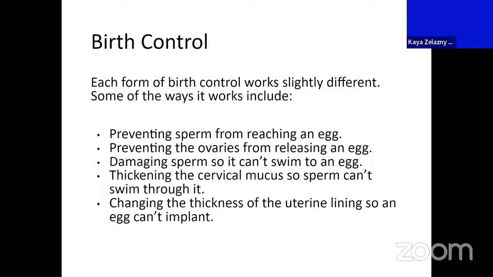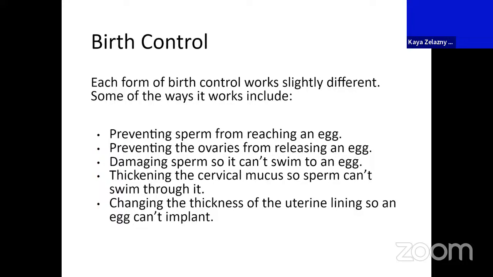Some birth control methods are just going to prevent a sperm from getting to an egg, right? No sperm getting to an egg, then we don't have fertilization occur at all, so we don't have pregnancy. If you prevent the ovaries from releasing an egg in the first place, so you prevent ovulation, there's no egg there to be fertilized. It doesn't matter if sperm get there, there's nothing for them to do.